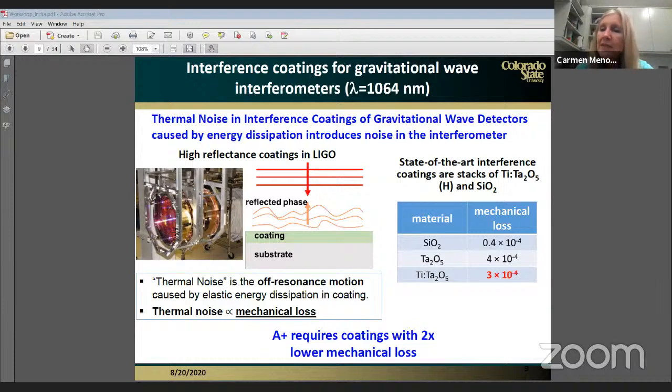This noise is associated with internal friction of the materials. So think that I have my coating here, mounted on a huge silicon dioxide substrate, and there is internal friction. Well, if there is internal friction, that means that the coating is going to be vibrating.